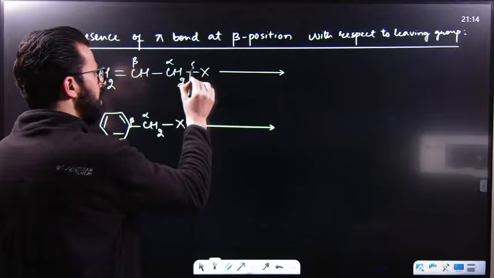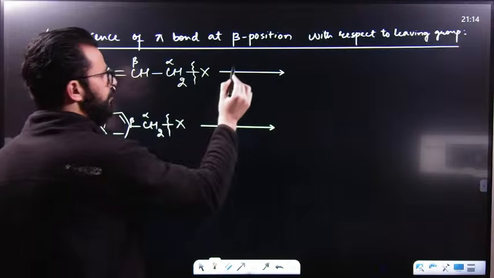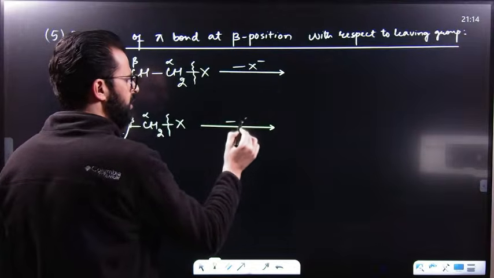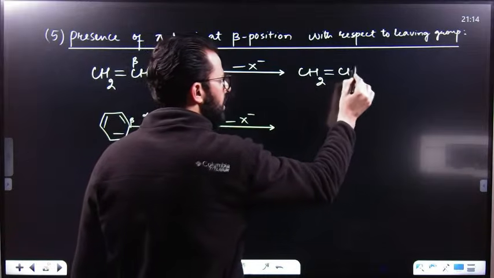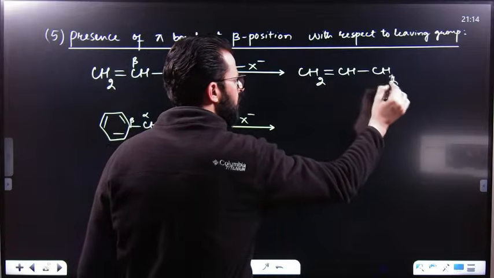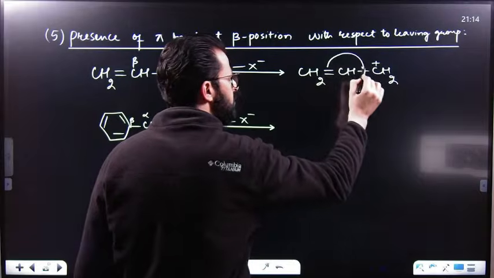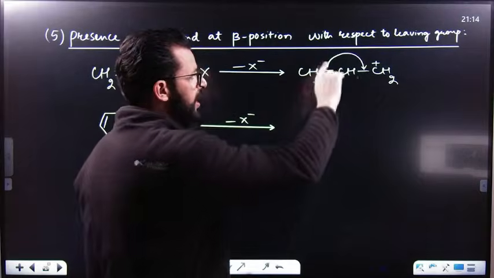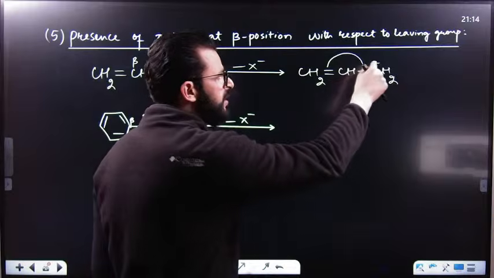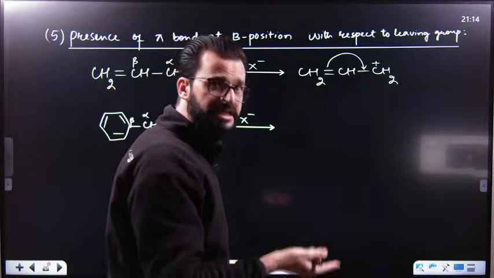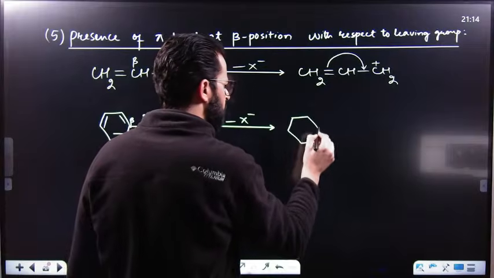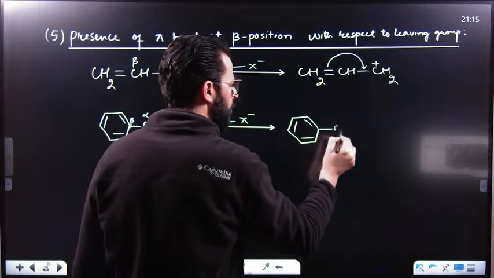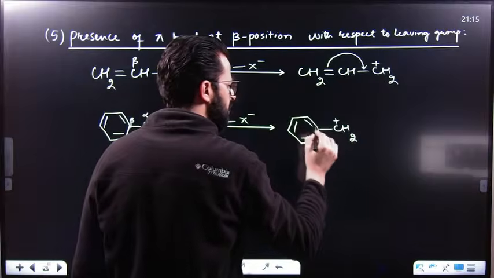But after ionization, it will result in the formation of a carbocation. And this carbocation is stabilized because of resonance. And after that, you will see in the hybrid that positive charge is dispersed. So the more the dispersion of charge, the more will be the stability. Similarly, here, carbocation is formed, which is resonance stabilized.